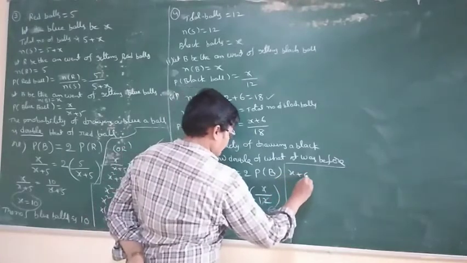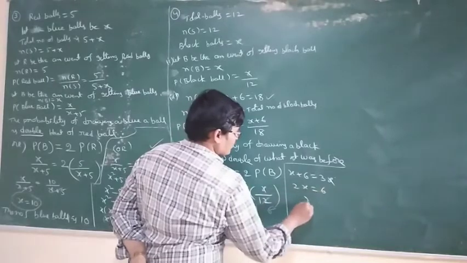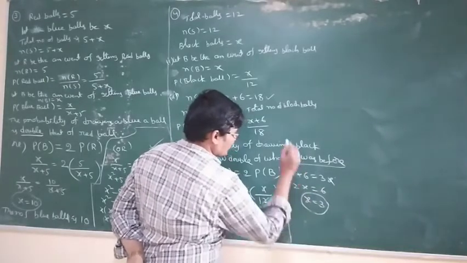So x plus 6 is equal to 3x. 2x is equal to 6. So x is equal to 3.